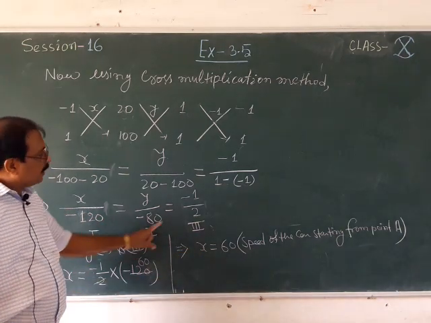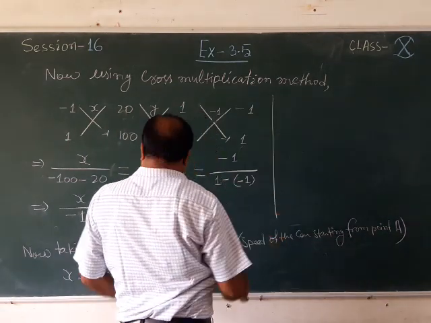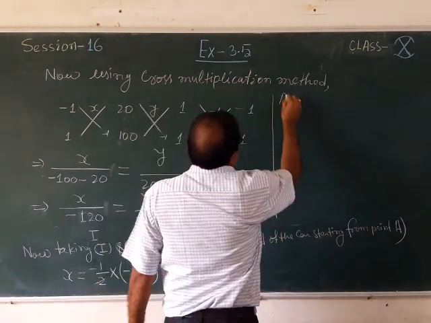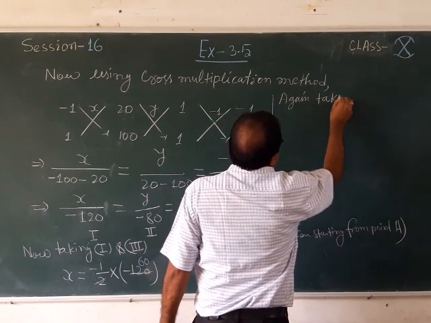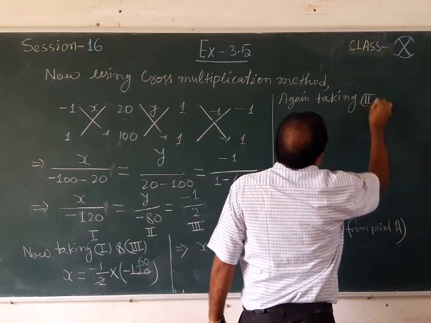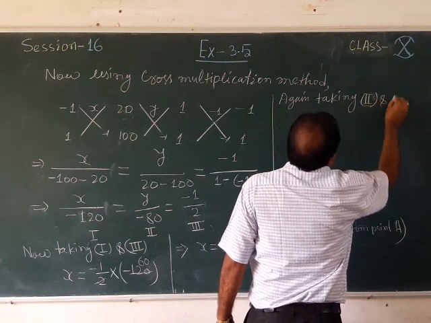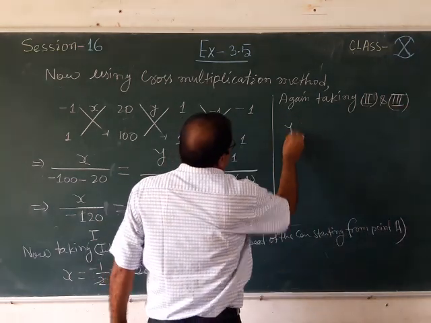Again we can take second and third, then we will have the value of y also. If you take second and third, then y will be equal to how much?